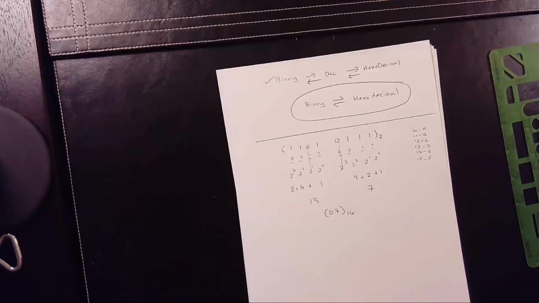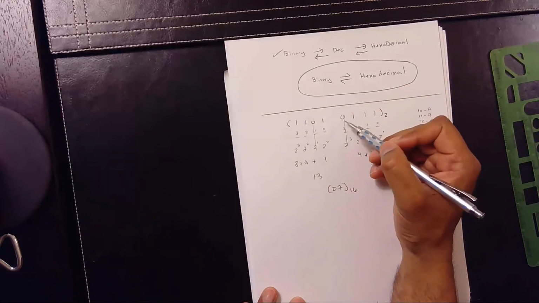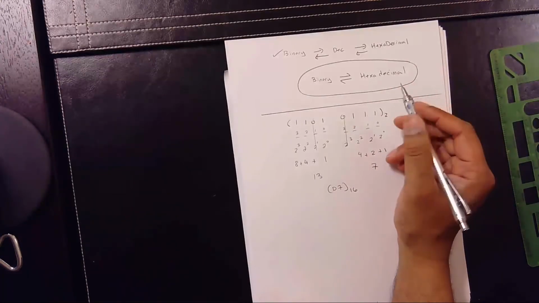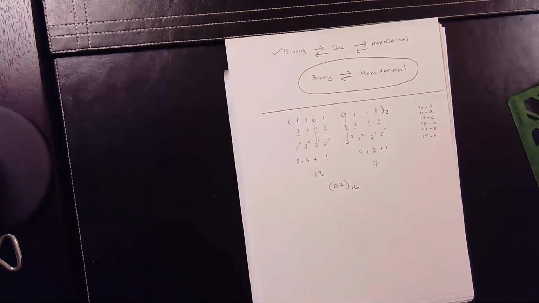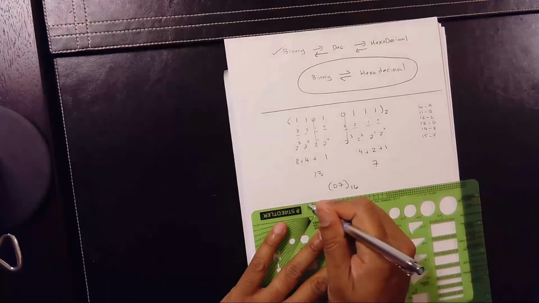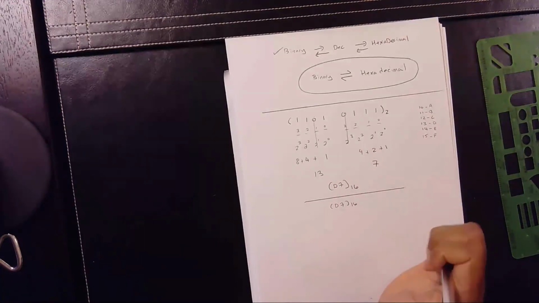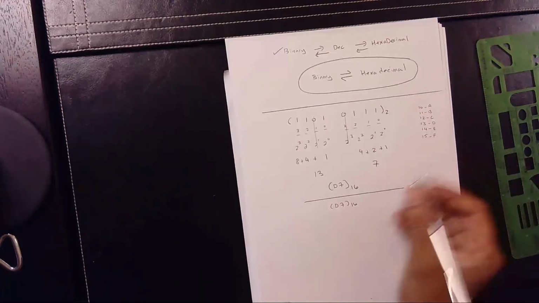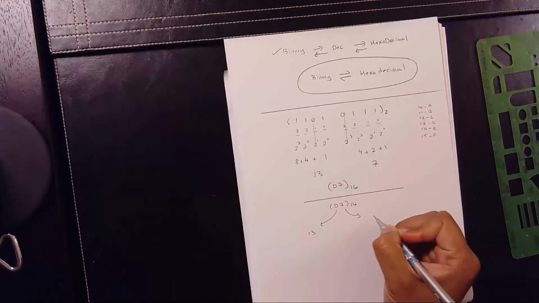The question is, how do we go back from D7 to 1 1 0 1 0 1 1 1? The conversion back is: D is again the number 13, and we write out the number 7.